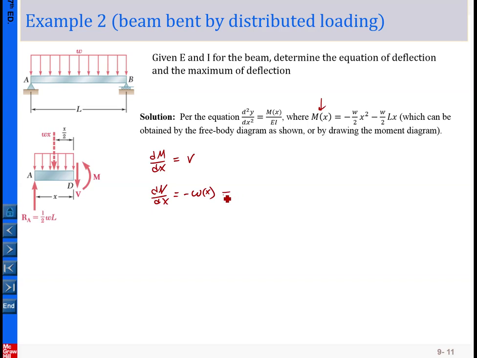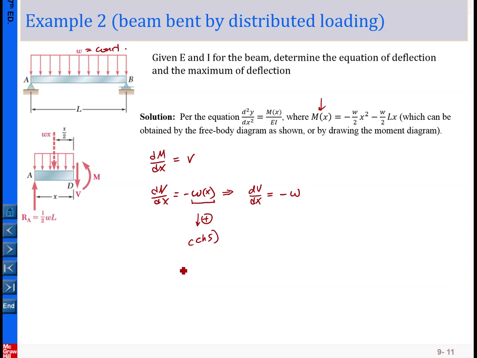So for this case, dV/dx is equal to minus omega, where omega is constant. Again, if you remember, the sign convention for this is positive downward. This is in our chapter 5.